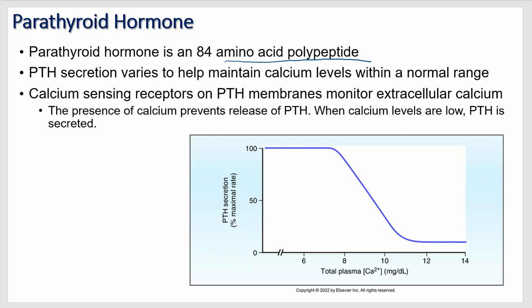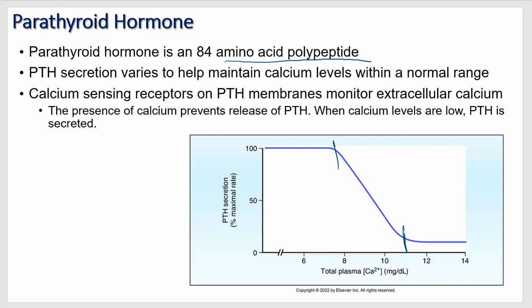So it varies, but it only varies within this range here. So calcium sensing receptors on parathyroid membranes, so this is in the parathyroid gland, monitor this extracellular calcium. So the presence of calcium is going to prevent the release of PTH because there's calcium there. It doesn't need to be released.